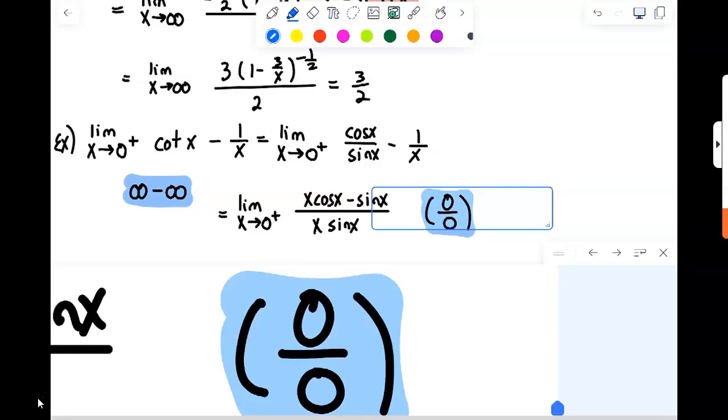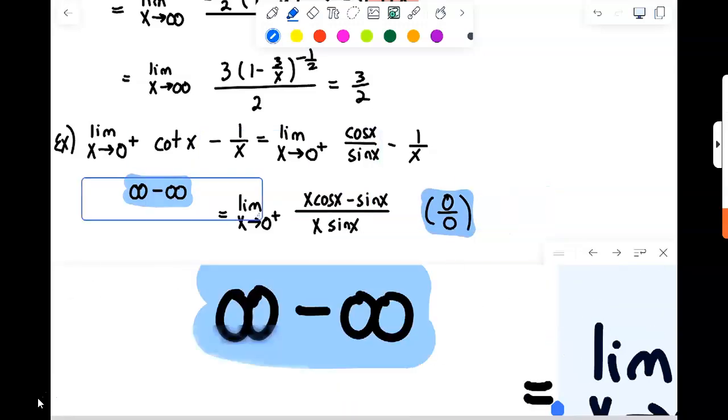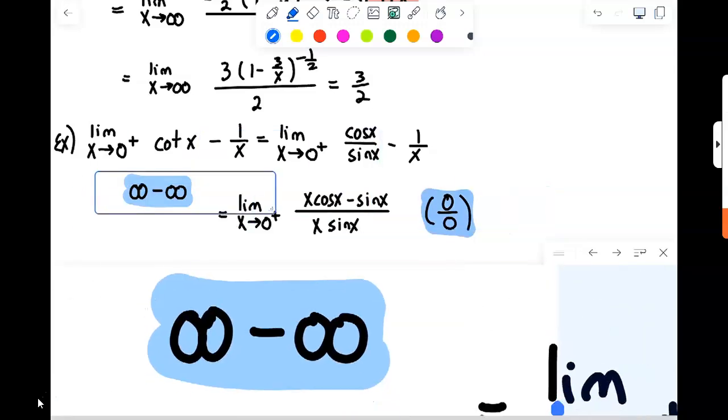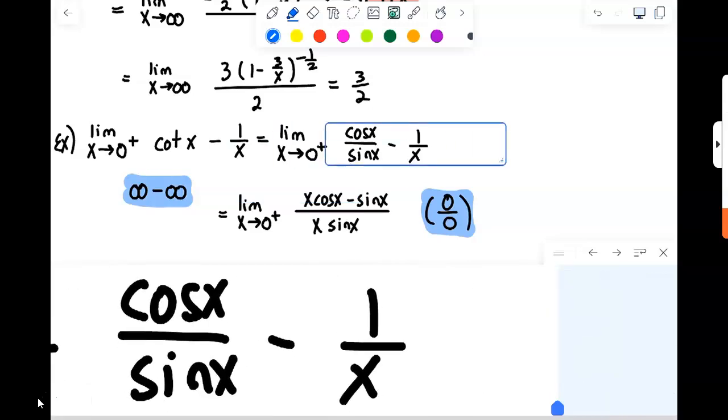So the goal in these problems, when it's some other indeterminate form, is we want to transform the way it looks. Very often, a common way of doing that is to factor out a common factor that lends itself. The other option that we look for is, if we have fractions, let's put them together into one fraction. Can we combine things into a single fraction?